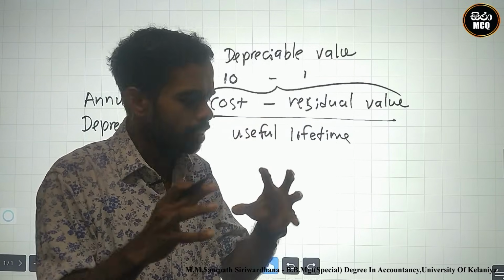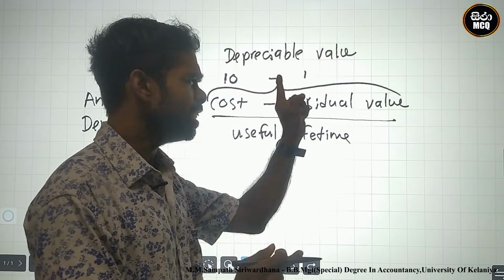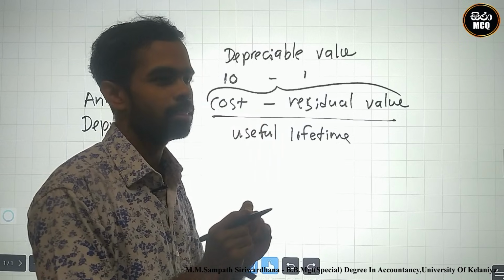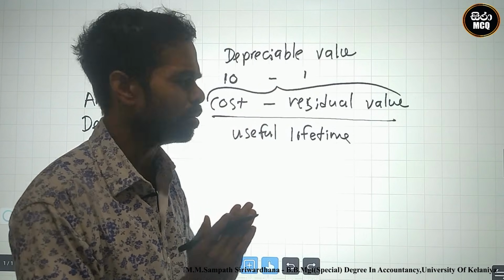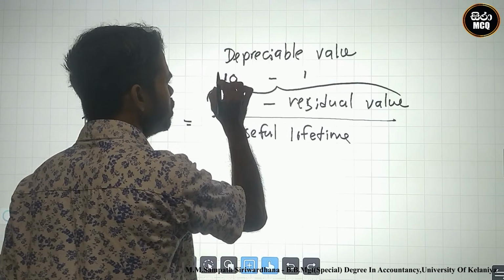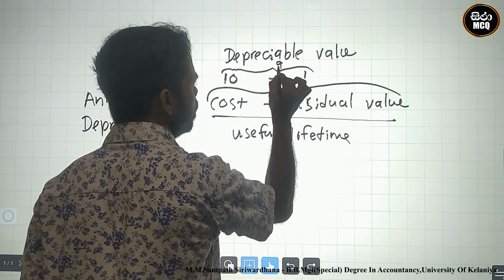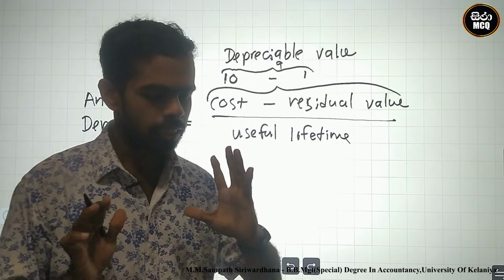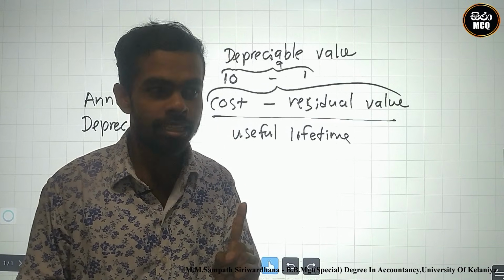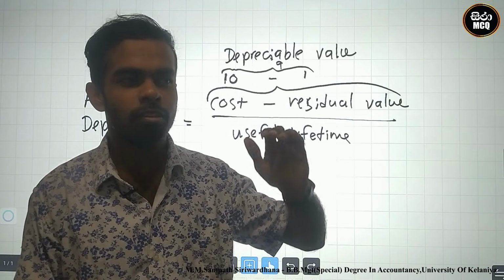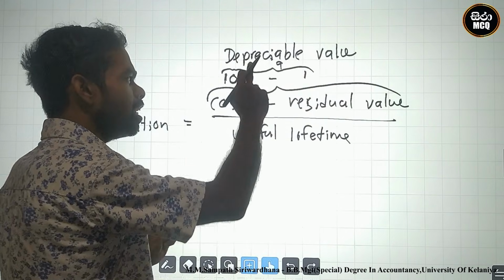Therefore the cost is 10 million, and we can sell it for 1 million at the end of the useful lifetime. The net effect is 9 million. Why? The 10 million cost is incurred currently, but 1 million is recovered after the useful lifetime. Therefore the net cost is 9 million.